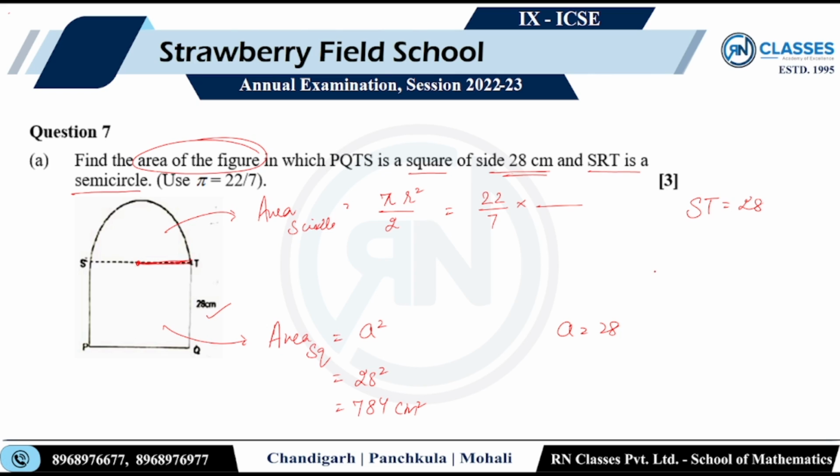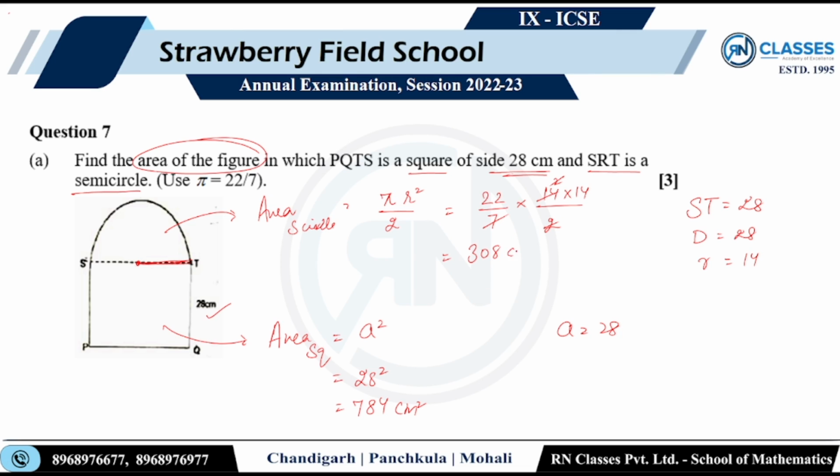If ST is 28, so diameter becomes 28. So radius becomes 14. Right? So 14 into 14 by 2. 7, 2s are 14. This goes 22 into 14. That is nothing but 308.